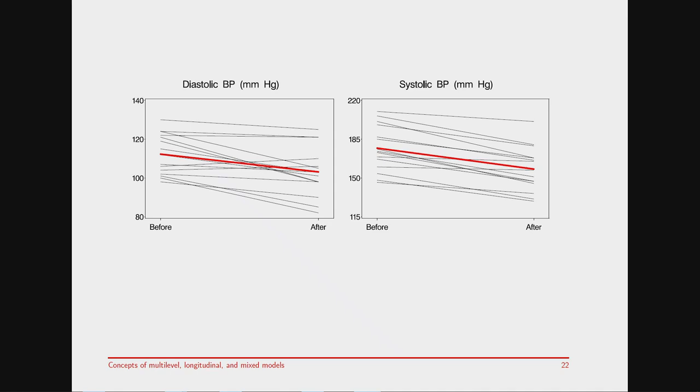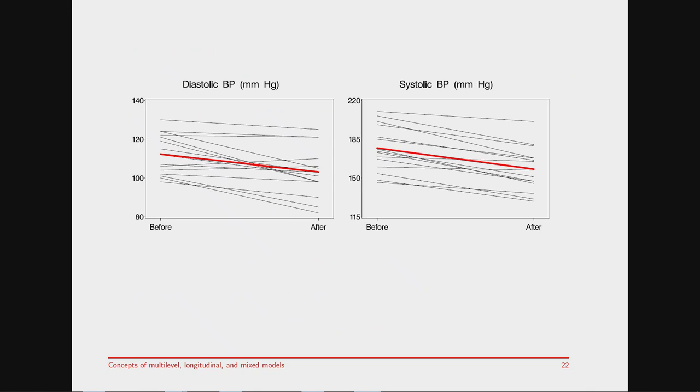Then you explicitly model the correlation. Here in mixed models, in this whole course here, we will never do that. We will model the variability, and then as a side effect, we will also take care of the correlation by modeling the variability. So that's how mixed models deal with variability.